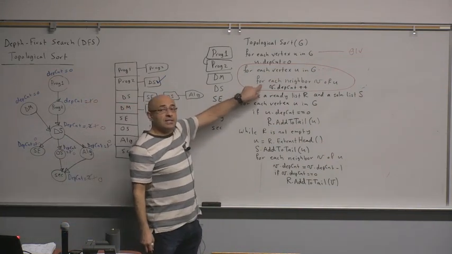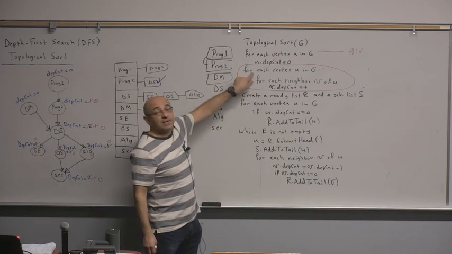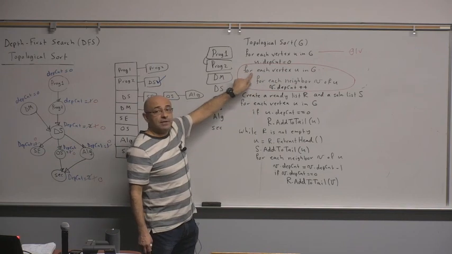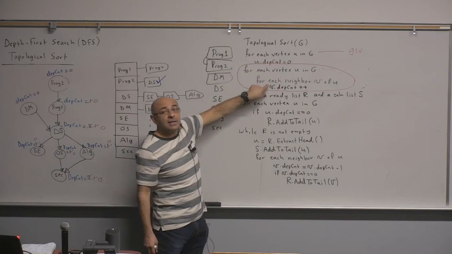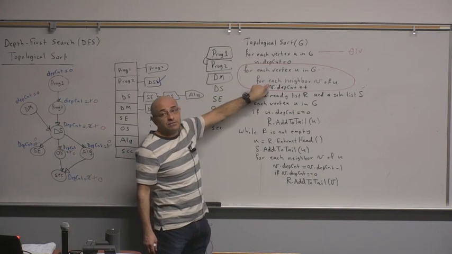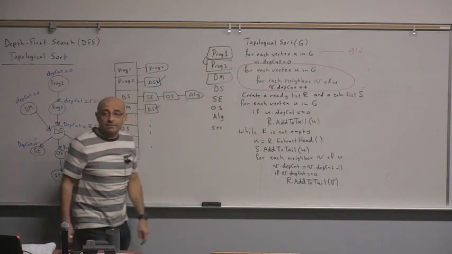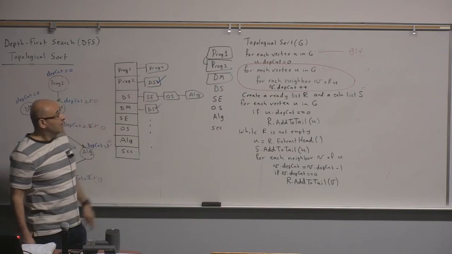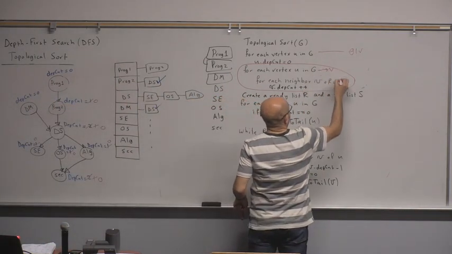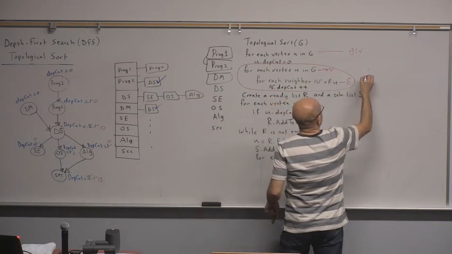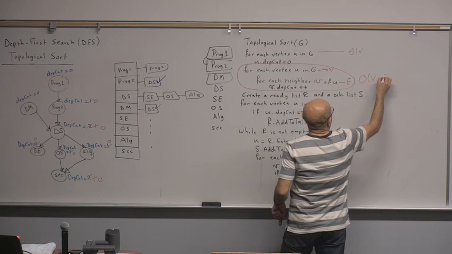So this alone is E. So this is E and this is V. But this is not E times V, because it's not E for every V. It's E in aggregate. So this is V and this is E in aggregate. It's not E for each V. So this is just like a DFS or a BFS. So you are going through all the lists. So this is a V and this is an E. So this is going to be O of V plus E.